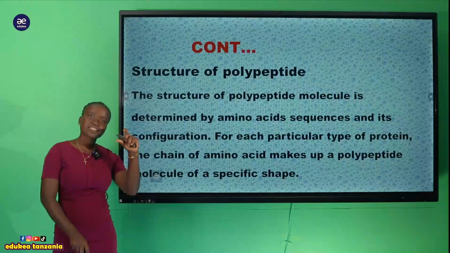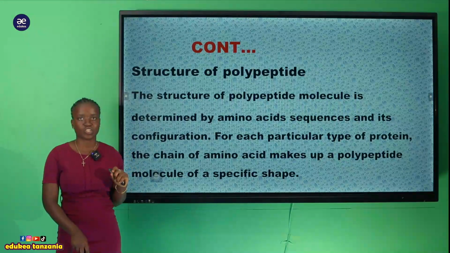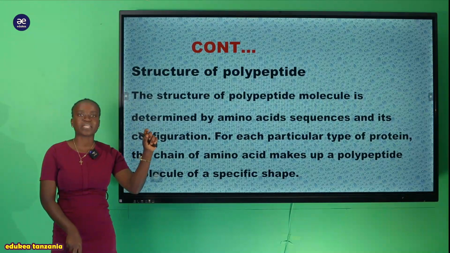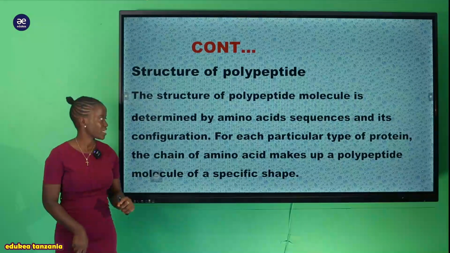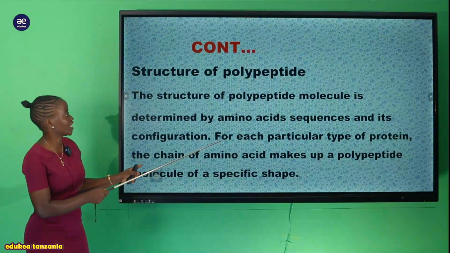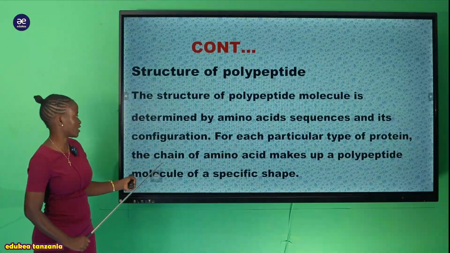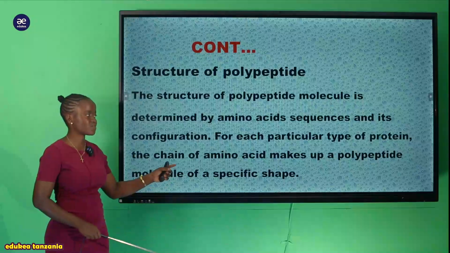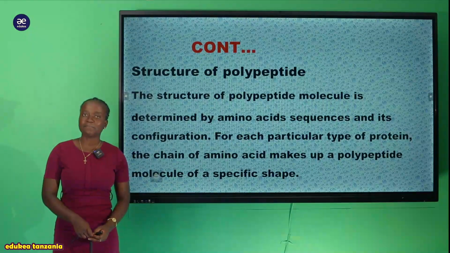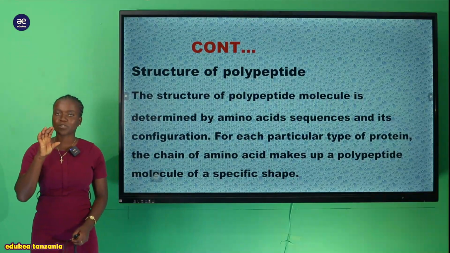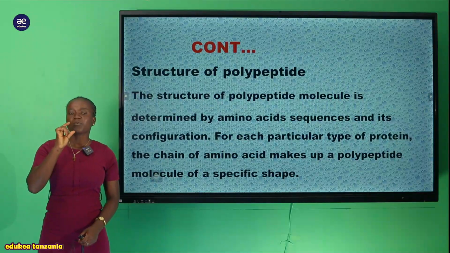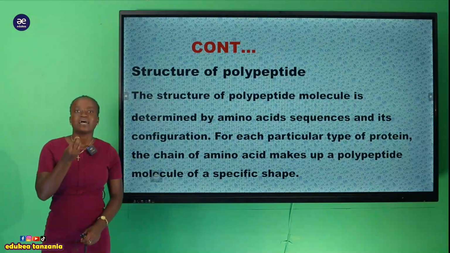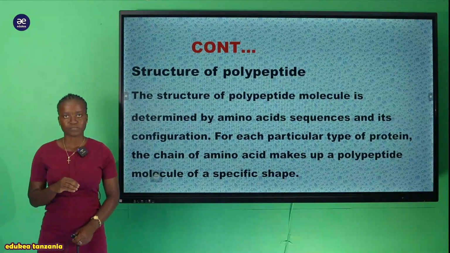Jinsi zile amino acid zilivyojipanga kwenye ile structure, ndipo ambapo sasa ina determine which kind of polypeptide chain is that. Kwa hiyo ina maana kila protein inakuwa na polypeptide chain yake ambayo inakuwa na different kind of shape.